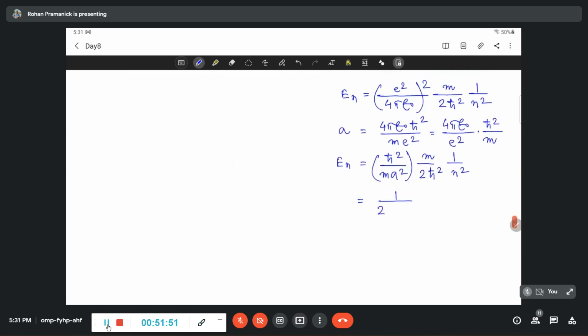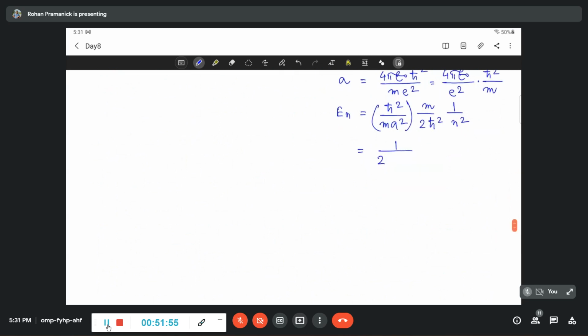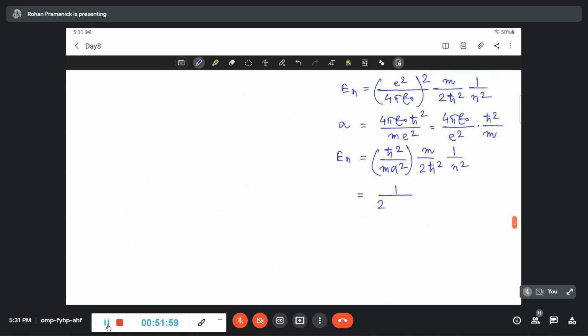Whole square. So what happens with respect to a? So this is this a and this is squared. No, now I have done it correctly. Yes, now I have done it correctly.